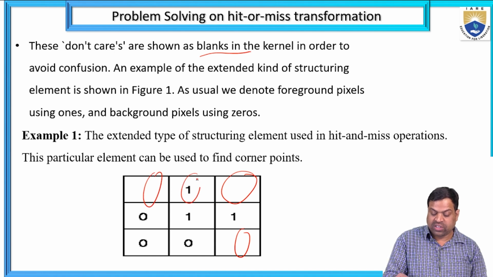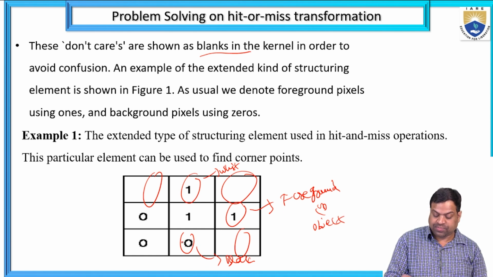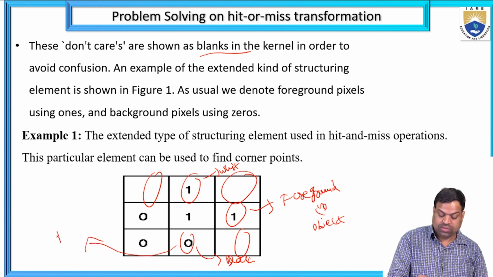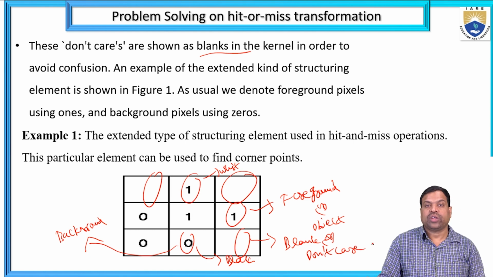That means don't care. White, black. So it is the foreground or object. And 0 is the background. Blanks are the don't care conditions.